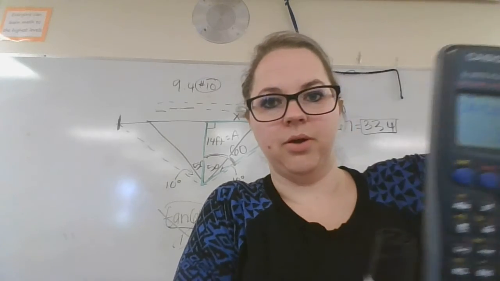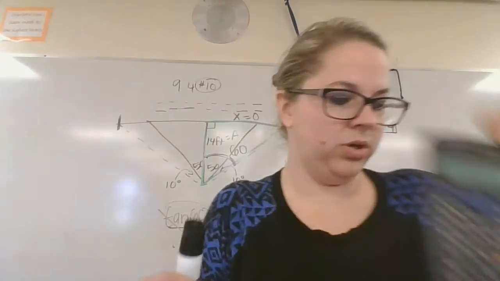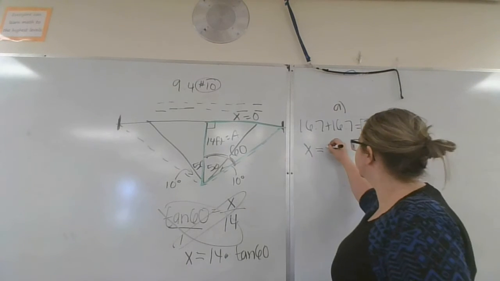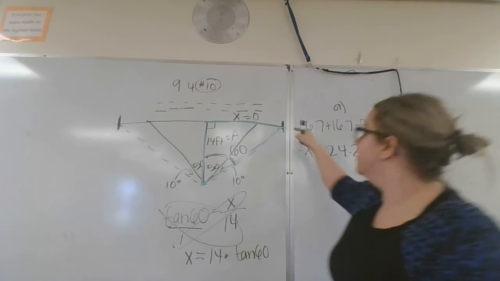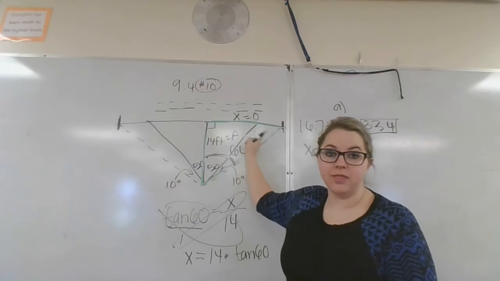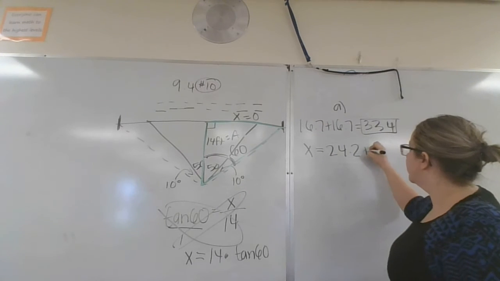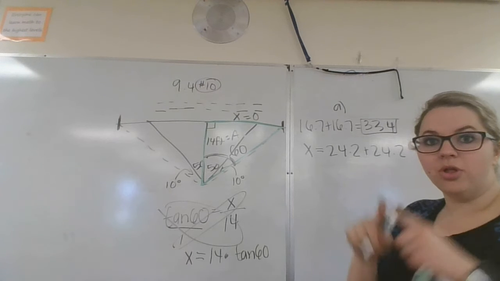Switch that around. There you go. Okay, that now equals 24.2. But again, this is only for half. This is only for this length right here. I only got half of my length here. So I have to add another 24.2 to get my total length.